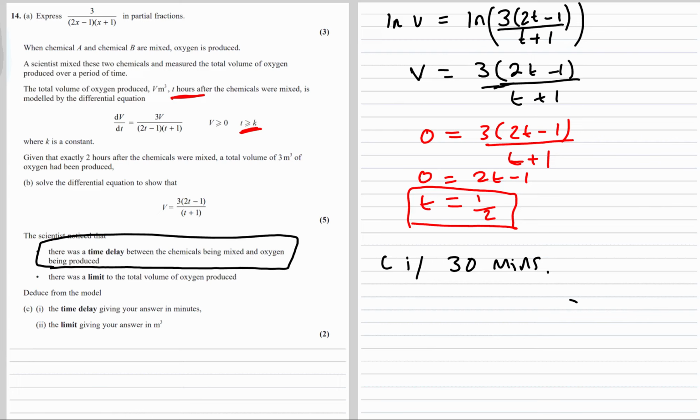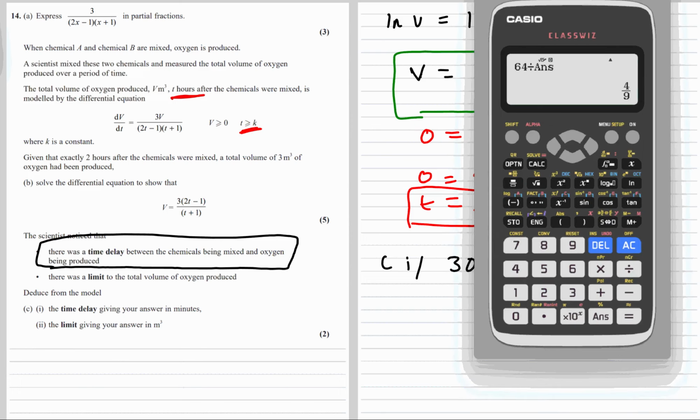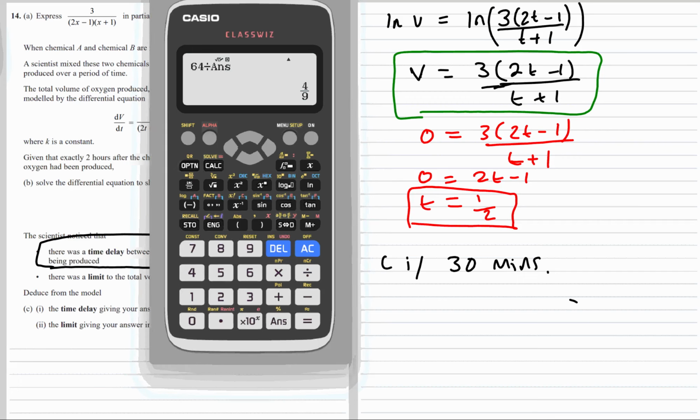The limit: what's the greatest answer this can have? It's going to have a maximum answer that it's going to reach. So if we kept putting in bigger and bigger numbers for t, it's going to reach a limit. So what is that limit? If you're not sure, you can just substitute in a really big number. We have 3 times (2t − 1) over (t + 1).